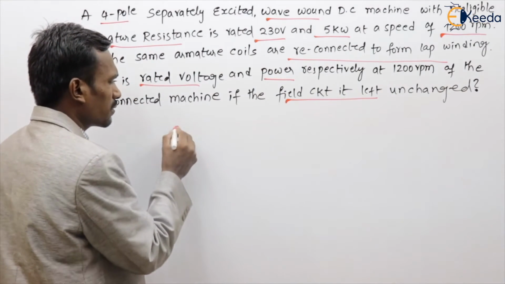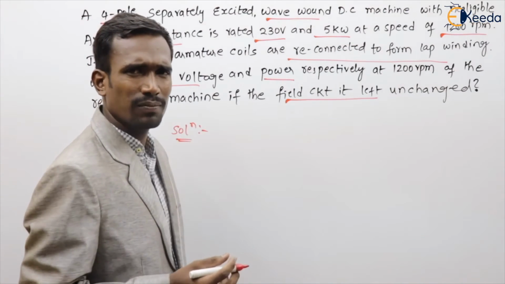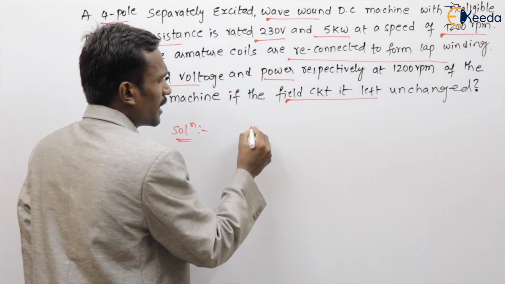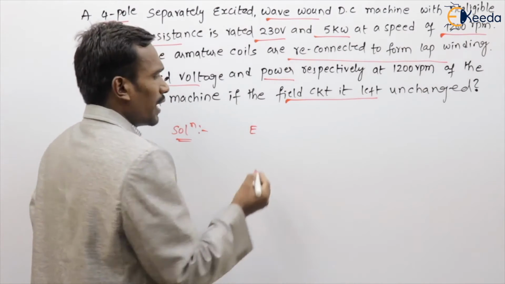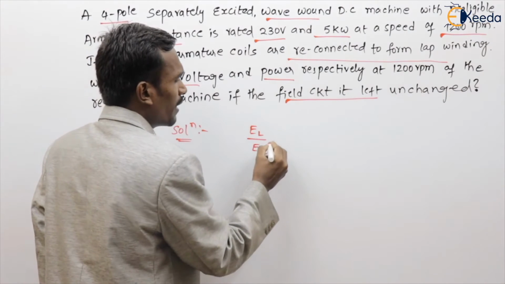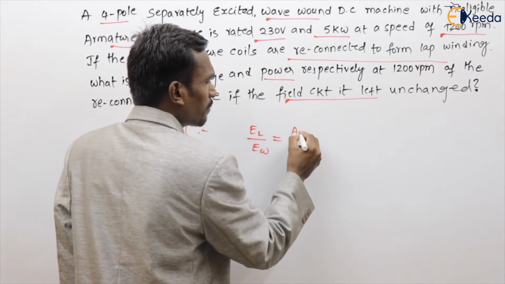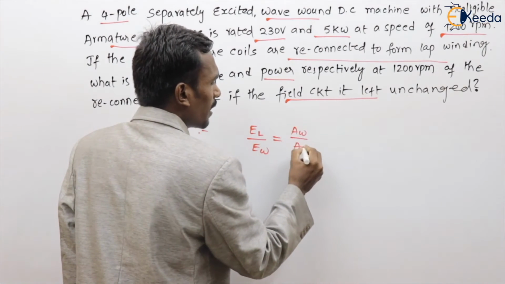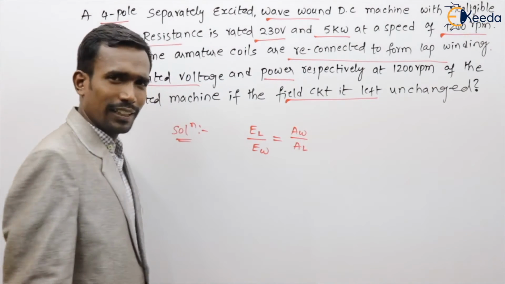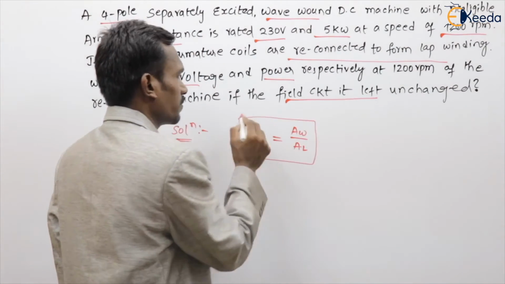Generally, we have a small relation here. The EMF in lap winding to the EMF in wave winding is equal to the number of parallel paths in wave winding to the number of parallel paths in lap winding. This is a very important relation.